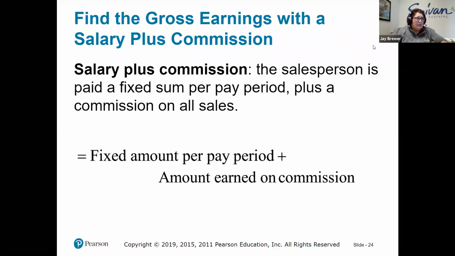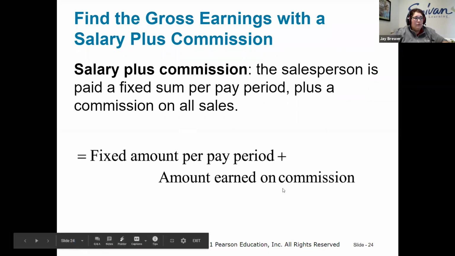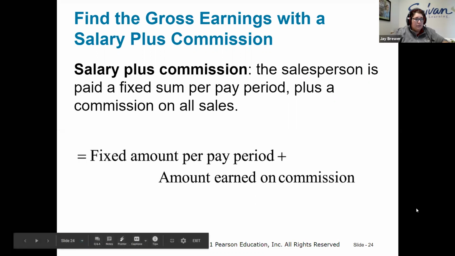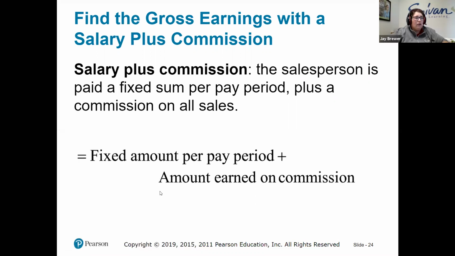All right. Find the gross earnings with a salary plus commission. So this is the absolute best option for you if you are thinking about a career that is involving some form of commission-based sales. You want to have this salary plus commission. That means that even if you don't hit a quota, even if you aren't the most productive, or if something's going on during that month that your sales are super down, you still are taking home some form of a salary.